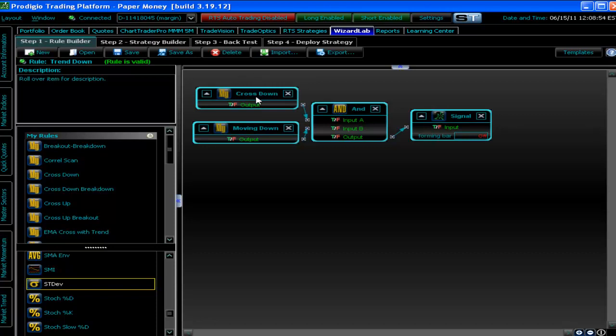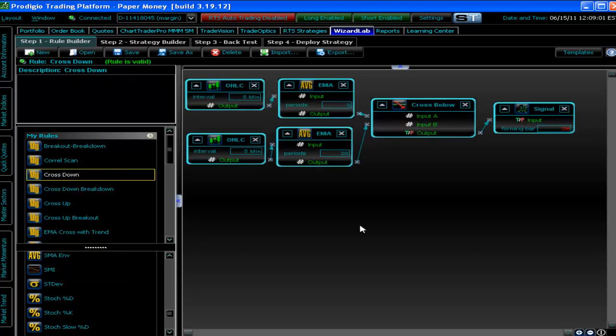So let's break this down, and let me take a look at the cross down rule. So I can go to the cross down rule, I can right click, and I can open this, and again, here's a very, very basic rule. This was a rule that I built using the rule builder by dragging out studies in order to represent an exponential moving average crossover. I'm starting with my source data, 5-minute OHLCs.